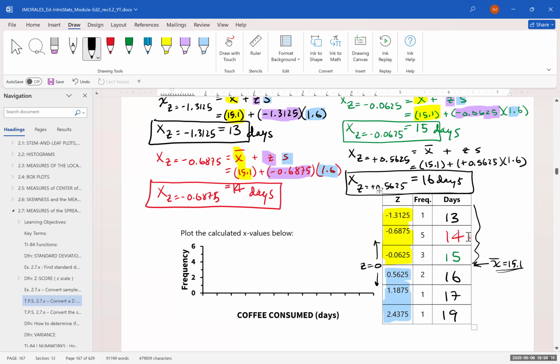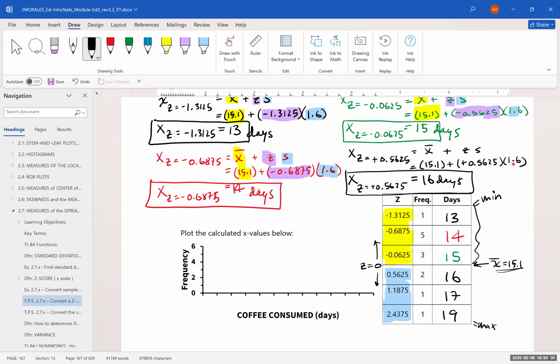So let's go ahead and graph those. Okay, so we've got 1 at 13. Oh, but we've got to figure out how we're going to plot it. All right, so our minimum value is 13 and our maximum value is 19.